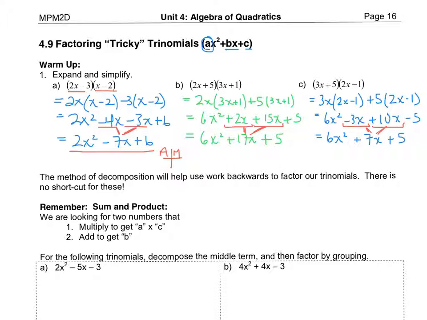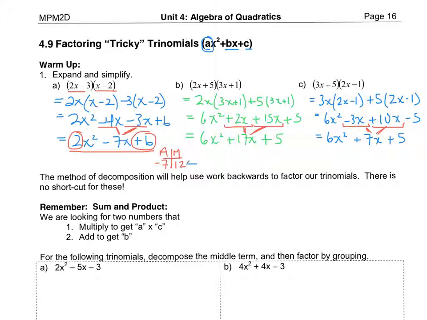So we need to find 2 numbers that are still going to add to that middle term, so adds to negative 7, and multiplies to the product of the outsides. So if I take 2 times 6, 2 times 6 is positive 12. Now we always start with our multiplying numbers, and for those people who multiplying facts don't come easily, I suggest just being methodical about this might help.